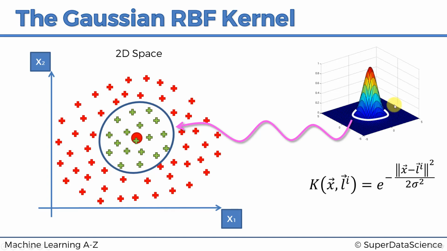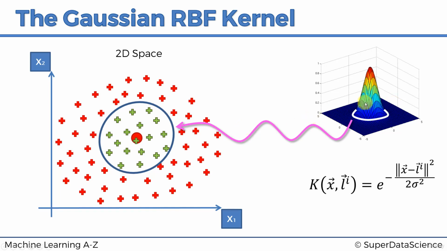Anything outside the circumference, all of this blue stuff, so basically all these red points, will get a value of 0, or a value very, very close to 0, if you apply this function. If, on the other hand, any point falls within the circumference, based on this function, it'll get a value above 0. And that is how we can separate the two classes, the green from the red.